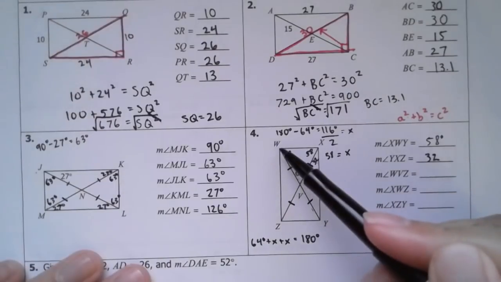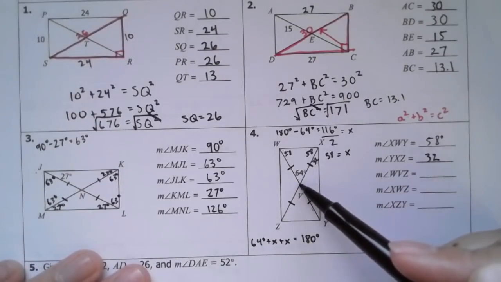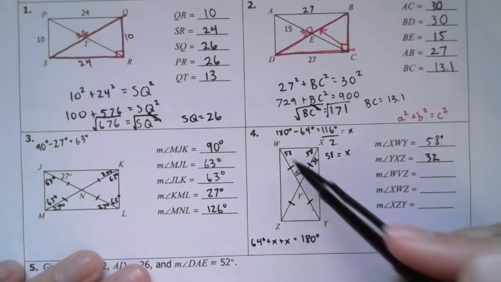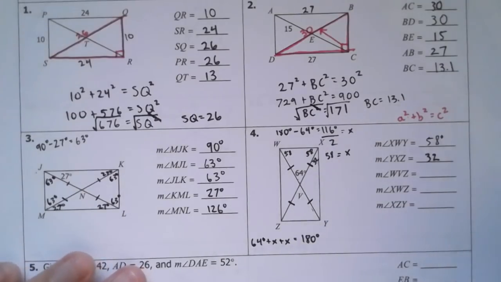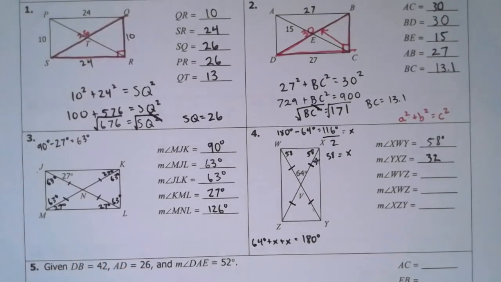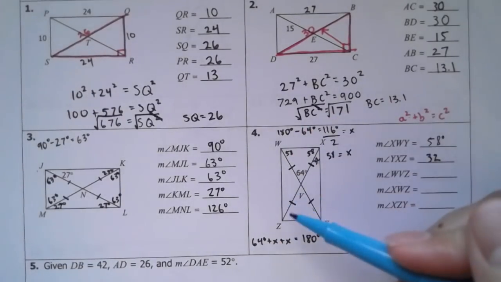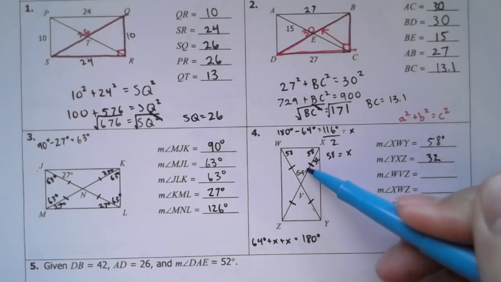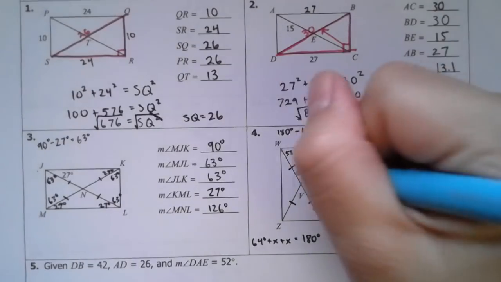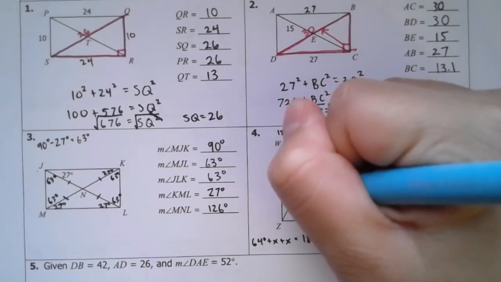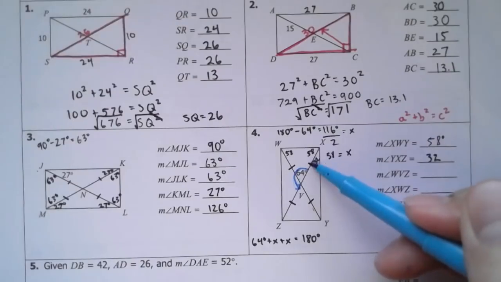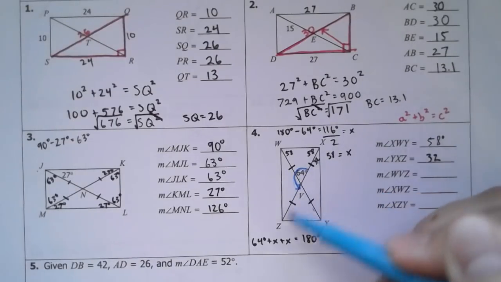WVZ is right here. There's a few ways you could look at this one. One way would be that you have a straight line here, I'm drawing it in blue, so they need to add up to 180 degrees.